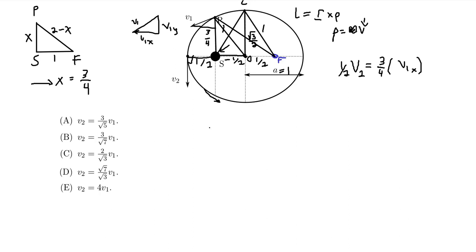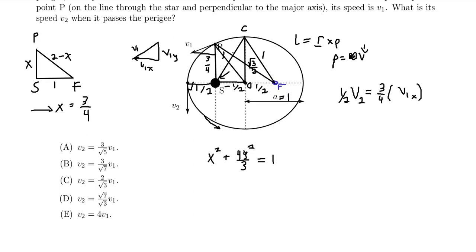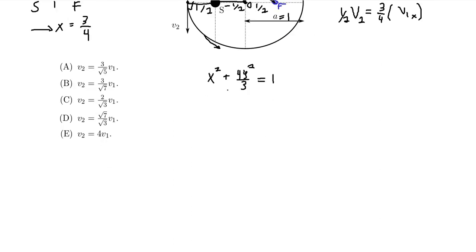So if we model this using an equation, we get x squared plus y squared times 4 over 3 is equal to 1. This is the equation of our ellipse here, just using the lengths of the semi-major and semi-minor axes.